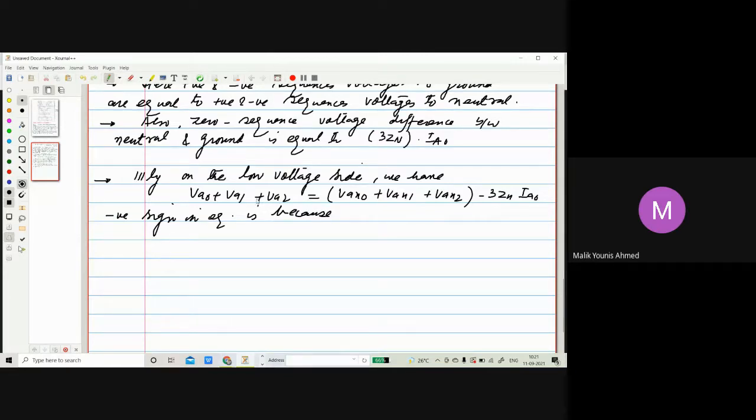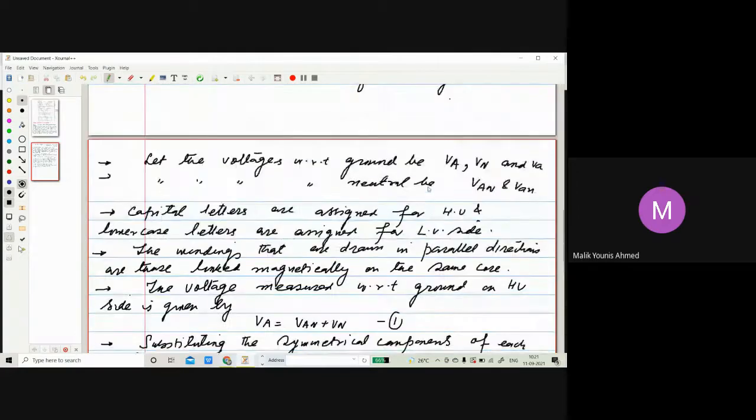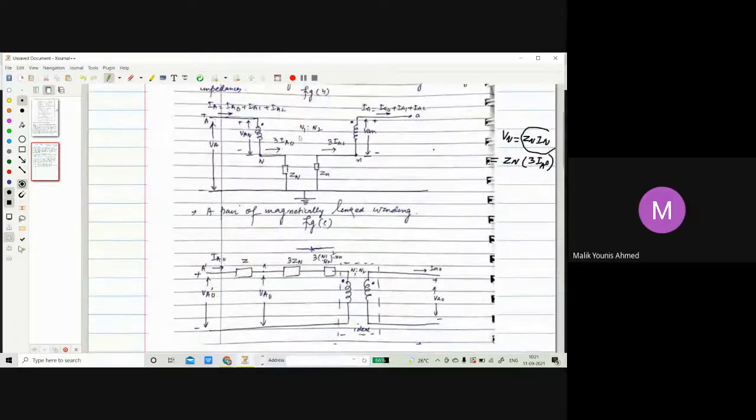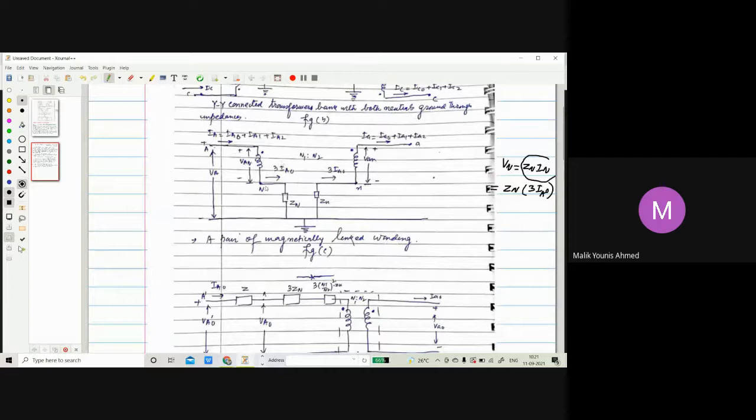It is because of the direction we have taken. Here we can see that this is coming out of the neutral.